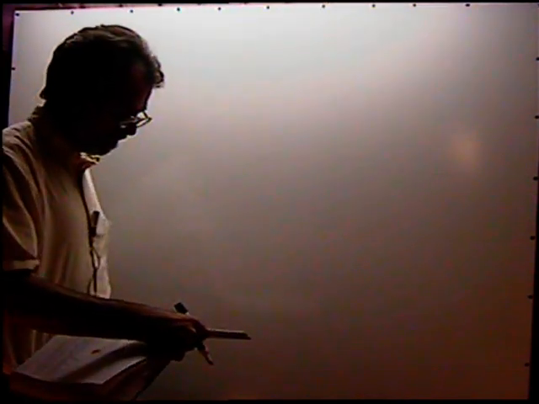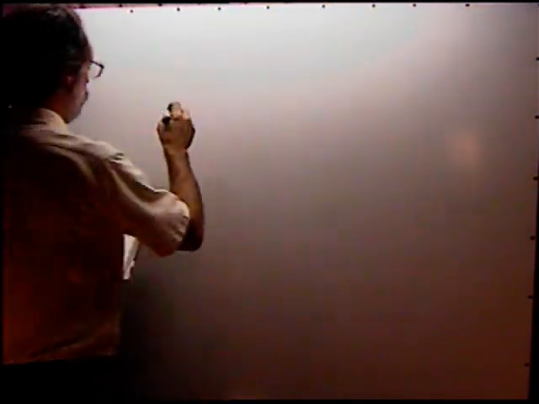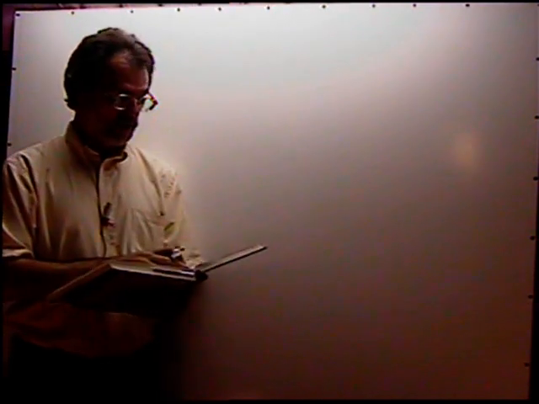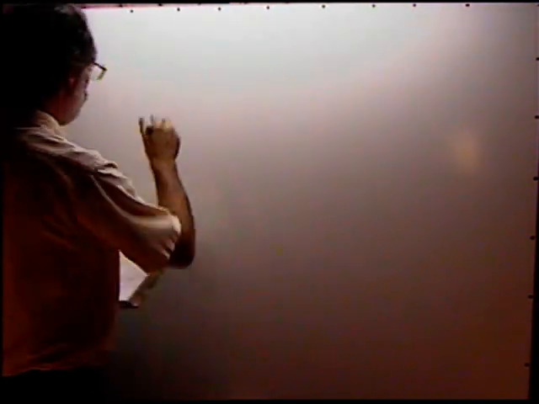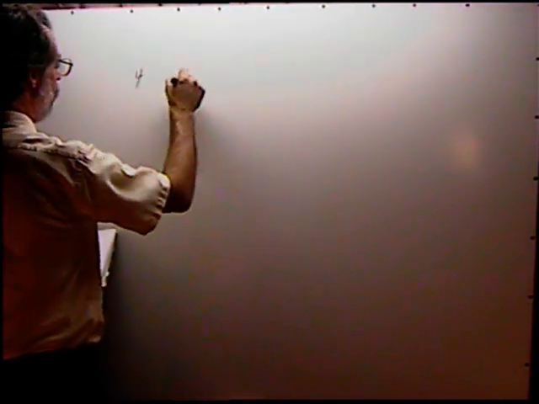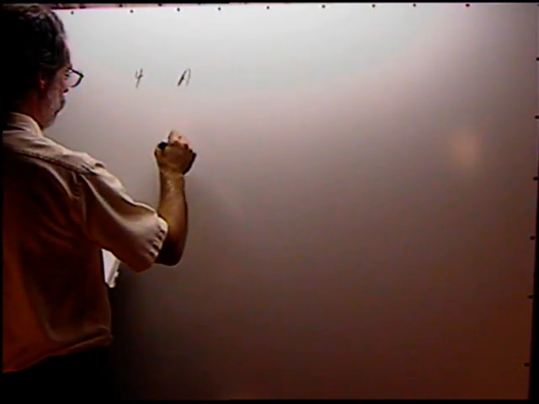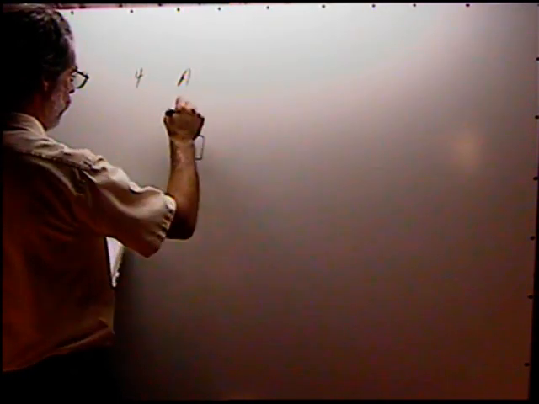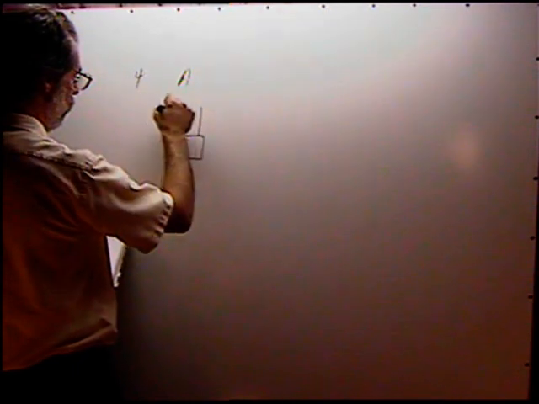Review question 4. Which of these situations will result in the most tension in the string? We have the A situation where the mass is held by 2 parallel strings.